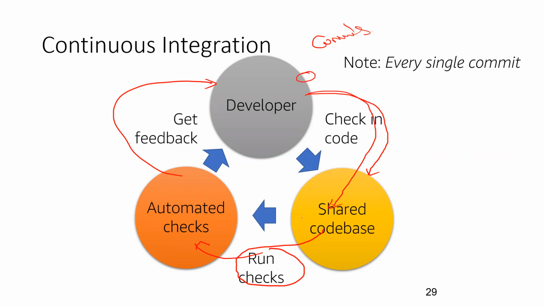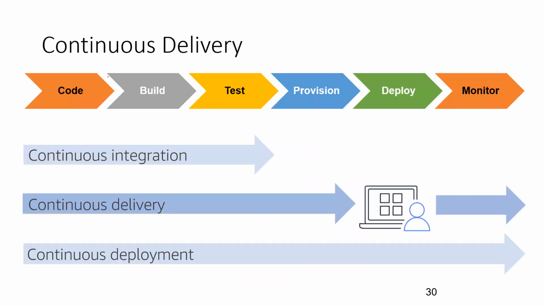The moment it is checked into the code, automatically security checks happen, and then feedback is given to the developers in multiple forms. This is called continuous integration. Code, build, test is continuous integration. Then code, build, test, and provision the hardware resources, software resources, servers, then doing the deployment, and then continuously monitoring them.